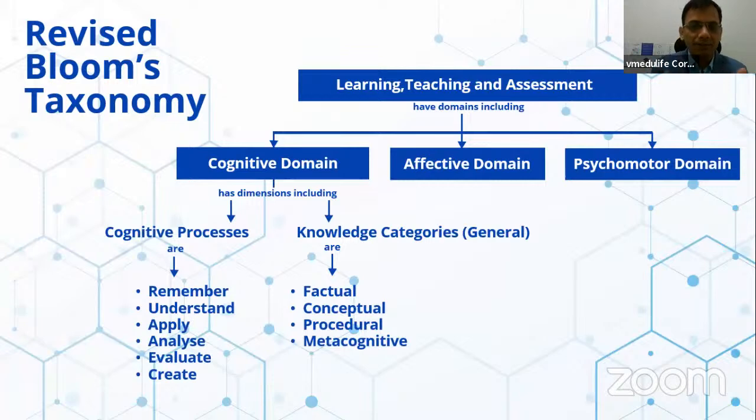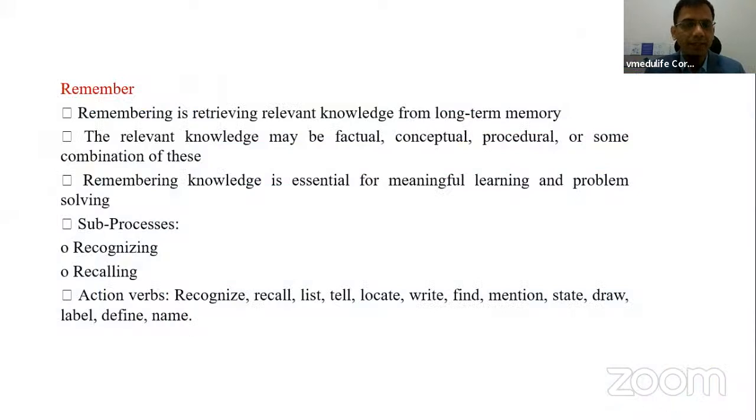What are the sublevels for these cognitive processes, as well as the knowledge categories, affective domain, and the psychomotor domain as well. Here is something brief about the individual levels.